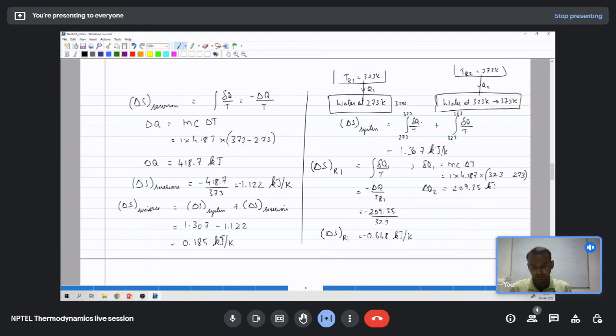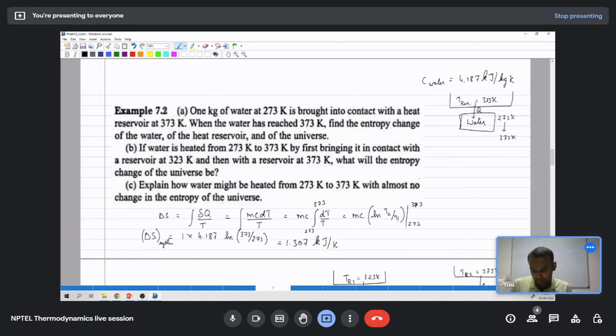So we are reducing the finite difference in the heat transfer process. When we have zero delta T during heat transfer, we will approach zero entropy generation. So that is the explanation asked in the third part of the problem.